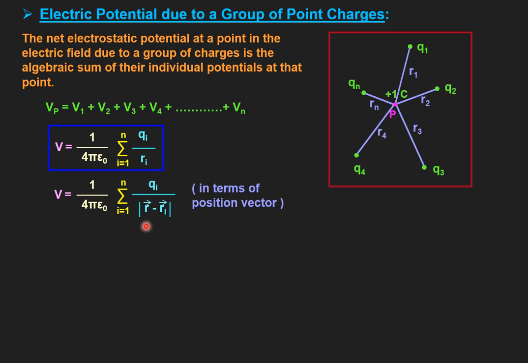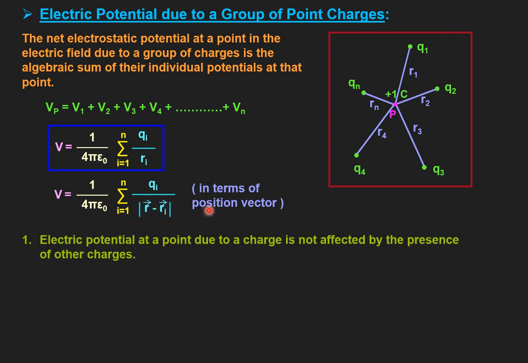So using the triangle law of vector addition, we can write the separation as the magnitude of R vector minus Ri vector. Here we have to take just the magnitude. So this Ri will be equal to the magnitude of R vector minus R ith vector.